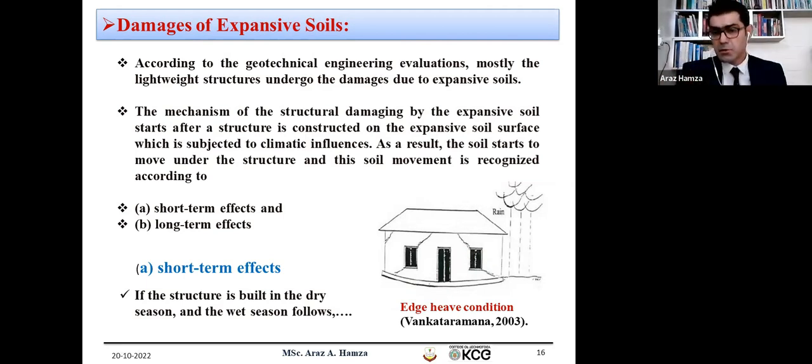You see, the edge has swelled and pushes and wants to uplift the structure. Therefore, there is a crack, and this phenomenon is known as edge heave, meaning there is heaving at the edge of the building. Why? Because the building was constructed in the dry season and the wet season followed. And this phenomenon is the short-term effect.